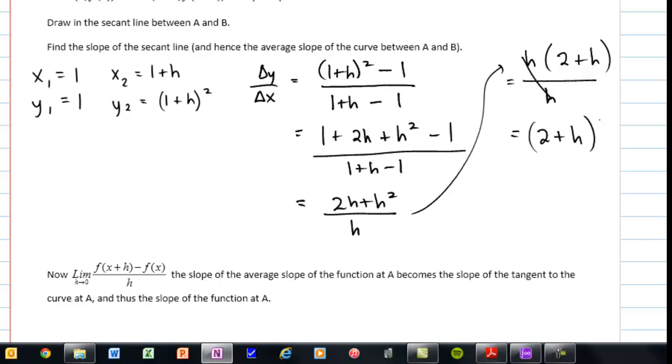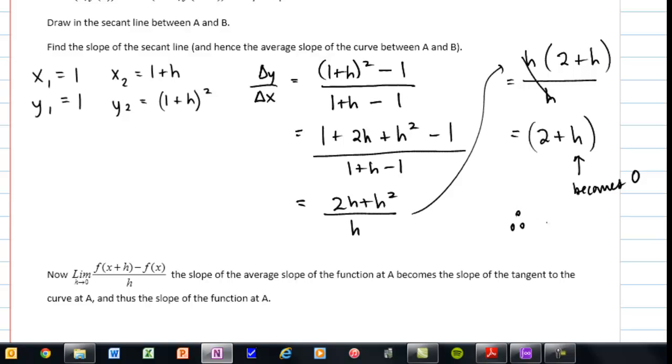But think about this. Remember how we talked about we want point B to approach point A and get closer and closer to point A. So if point B is so close to point A that the distance between A and B is actually 0, then h becomes 0.